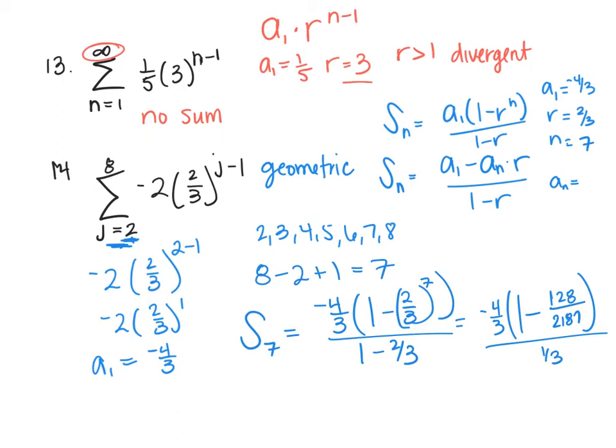So then I get 1 minus the fraction 128 over 2187, and that is negative 4/3 times 2059 over 2187, and we're going to multiply that by negative 4/3.